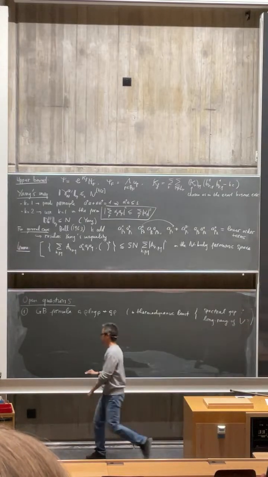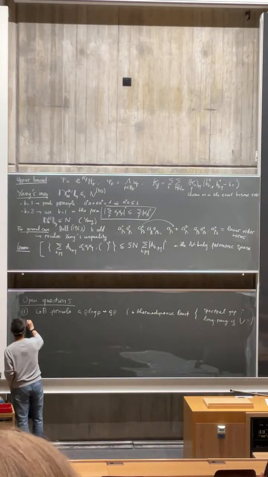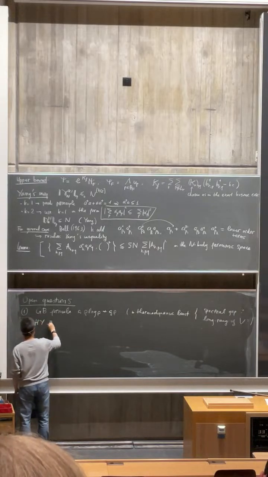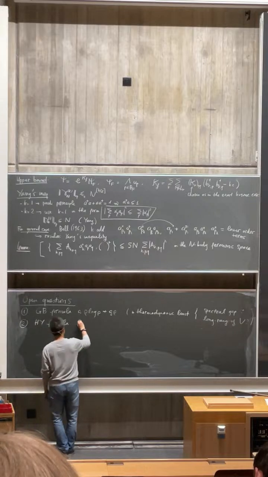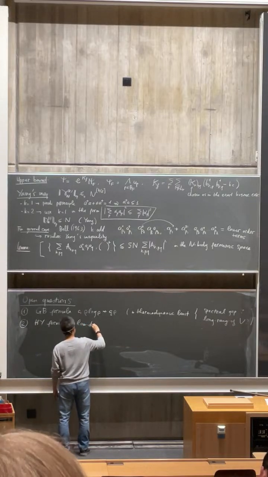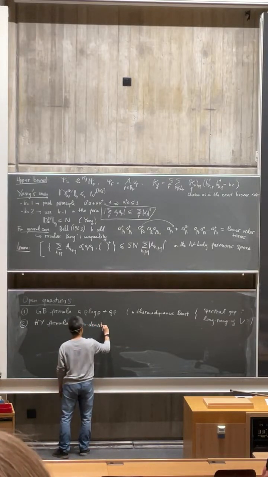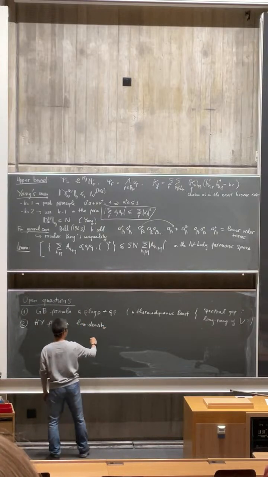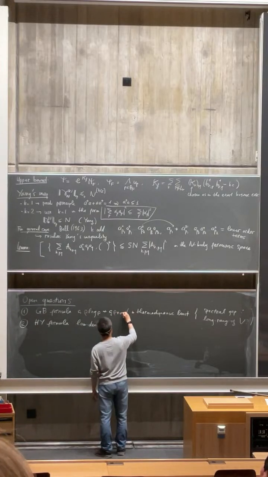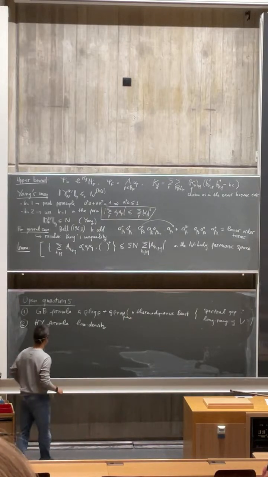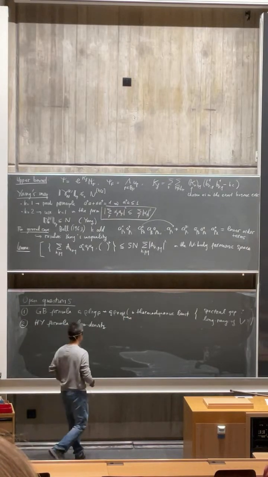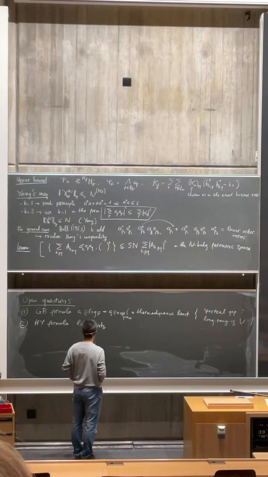Okay, and the second question is the formula for the ground state energy in the low density limit. Right. So here is for the high density, rho going to infinity, and on the other side for the low density, then you need to modify this.